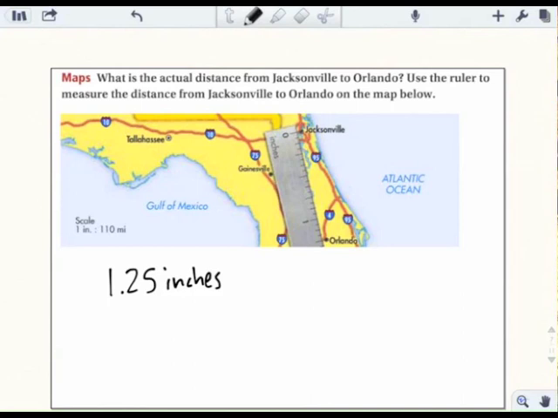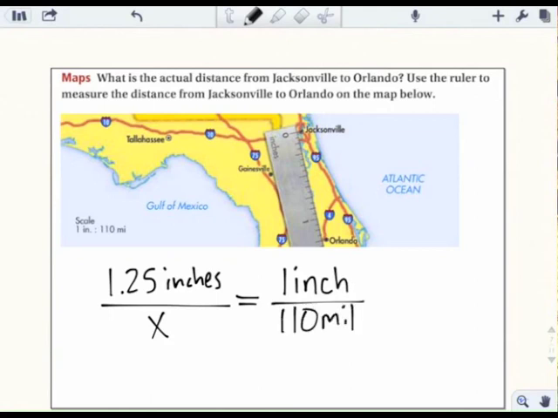Alright, so watch how I'm going to set this up. So right now I have the distance between the two cities in the map world. The ratio of that to the actual distance between Jacksonville and Orlando, which we don't know, so we're going to label it with x. This is equal to the ratio of 1 inch to 110 miles.